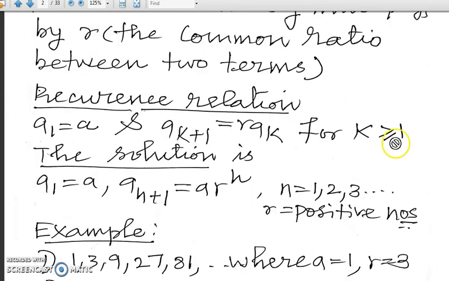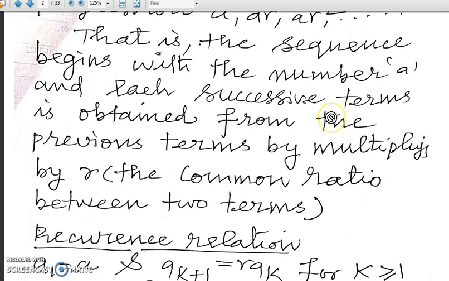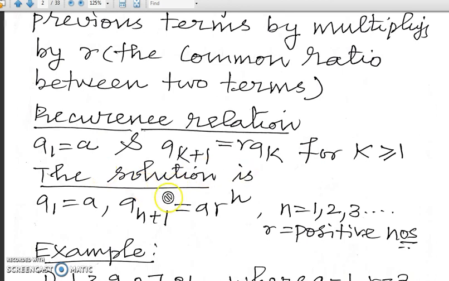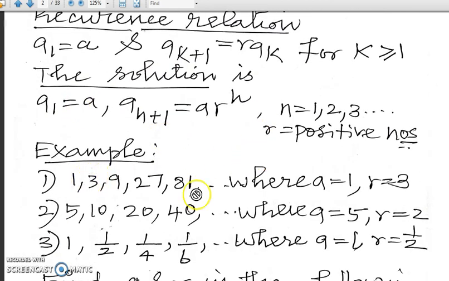So this is the corresponding recurrence relation. As we studied before, this gives you the solution for this geometric progression.